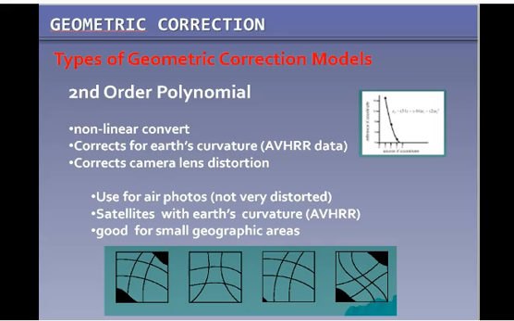So this is really useful for air photographs, which have that roll, pitch, and yaw. This allows us to take care of that. Or for those larger satellite images, which have more curvature to the Earth as one of those distortions. And because there may not be that much variability across an image, this is also appropriate for small geographic areas. So that would be the second order.